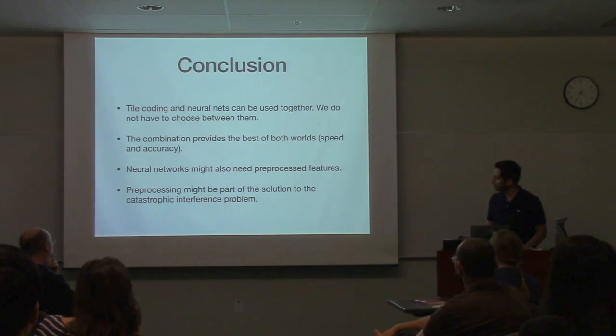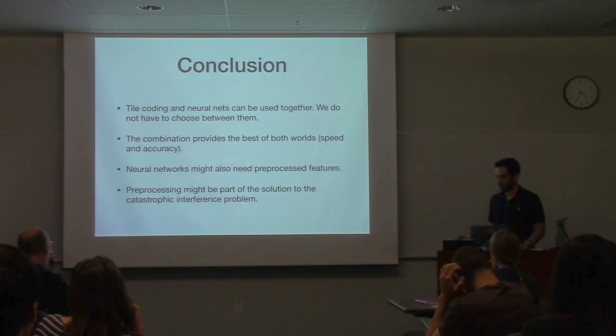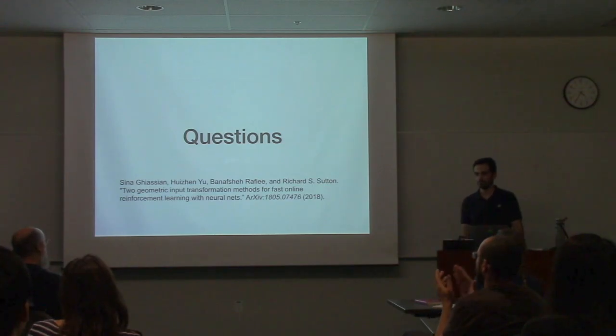And after all, neural networks might not be feature representation methods that do not need any pre-processing. They also might need pre-processing, and this pre-processing might be a part of the solution to the catastrophic interference problem. Thank you.